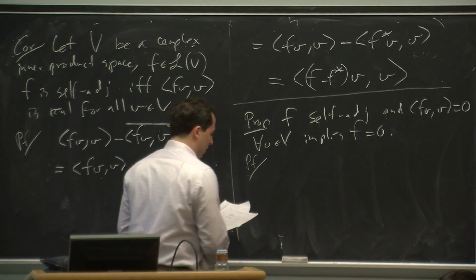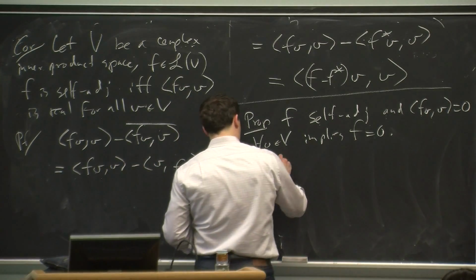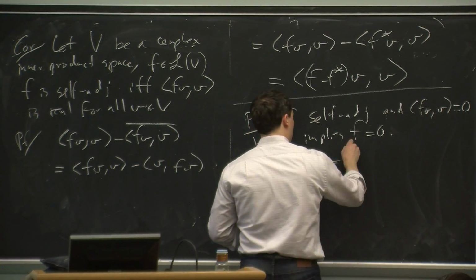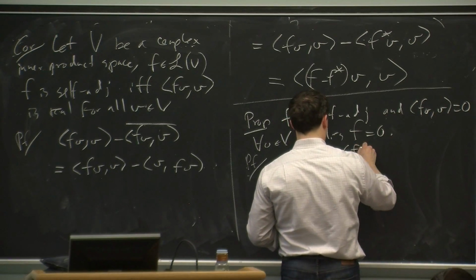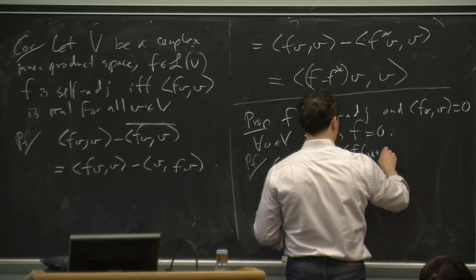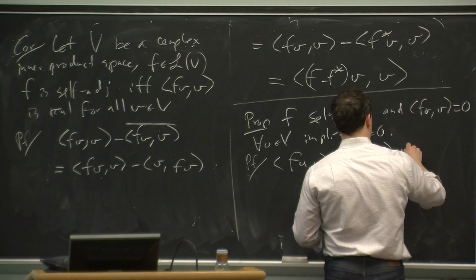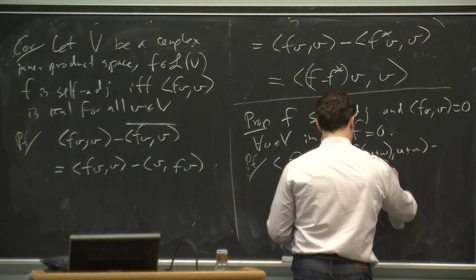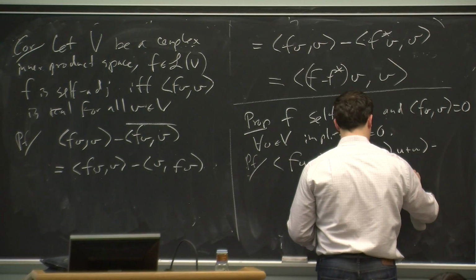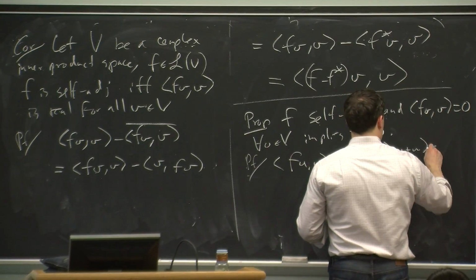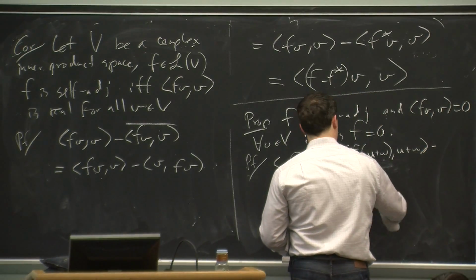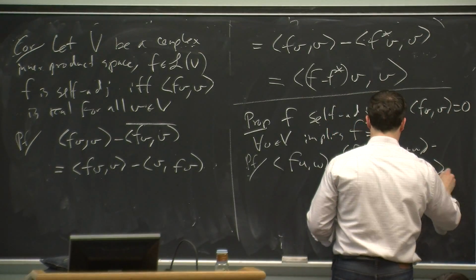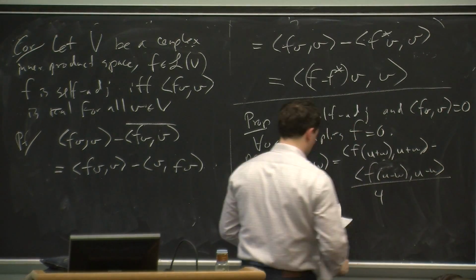And for the proof, you have to kind of think of an idea, and the idea is this: ⟨F(u), w⟩ can be written in a more complicated way. It's kind of like a parallelogram type of thing. It's ⟨F(u plus w), u plus w⟩ minus ⟨F(u minus w), u minus w⟩, and that whole thing is divided by 4.